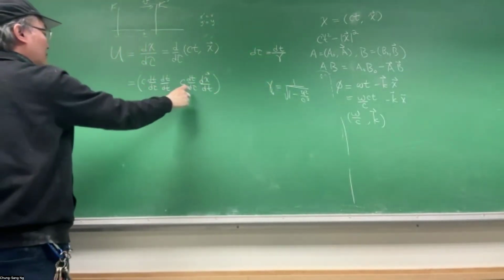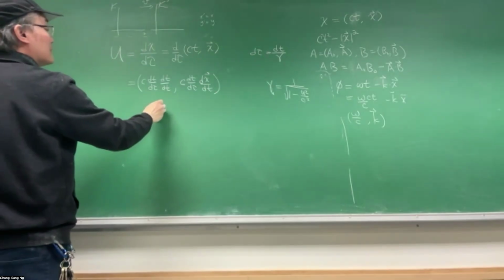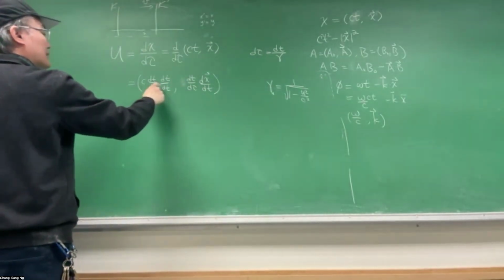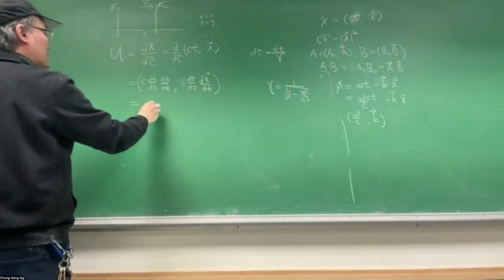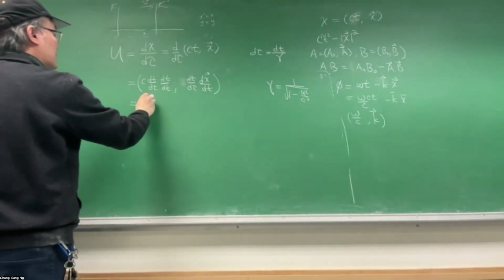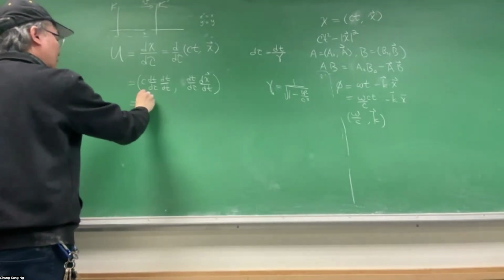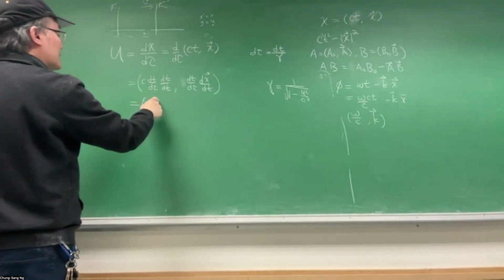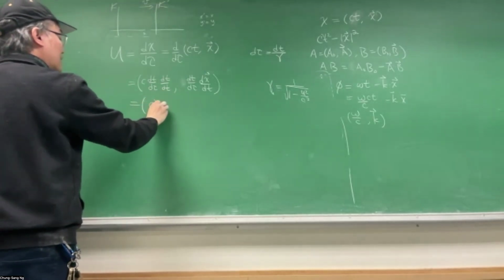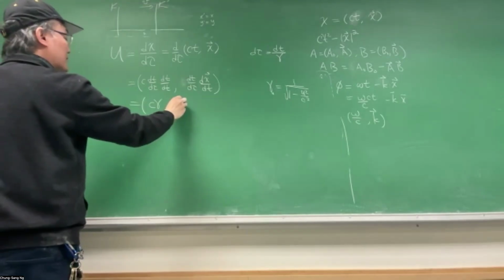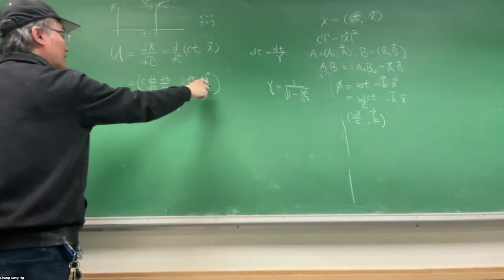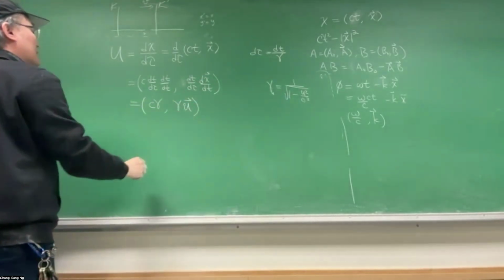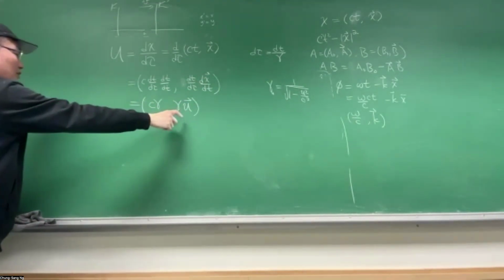So there's a gamma here, so you can pull out gamma. So this is just one, and so this is c times gamma, and this is gamma times dx dt, which is just the velocity, or ordinary three-dimensional velocity.